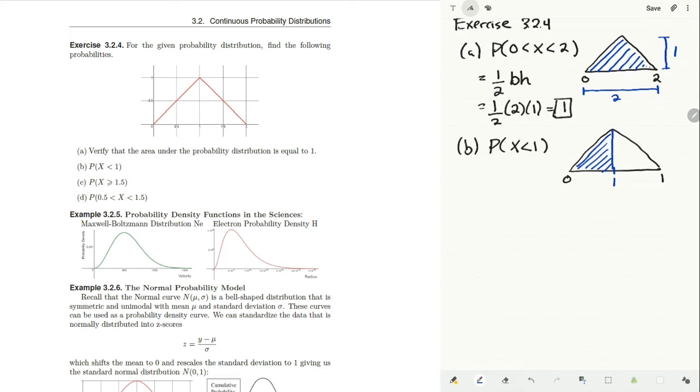And once again, what we have is a triangle. The base of the triangle is 1, and the height of the triangle is also 1. And so the probability that x will be less than 1 is 1/2 base times the height. So 1/2 times 1 times 1, which equals 1/2.